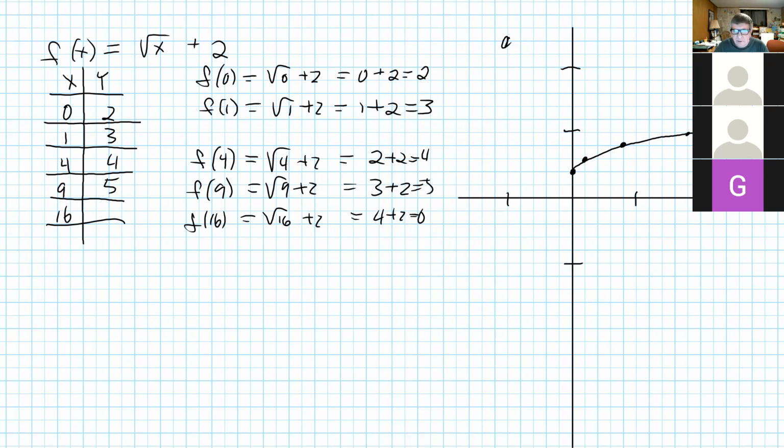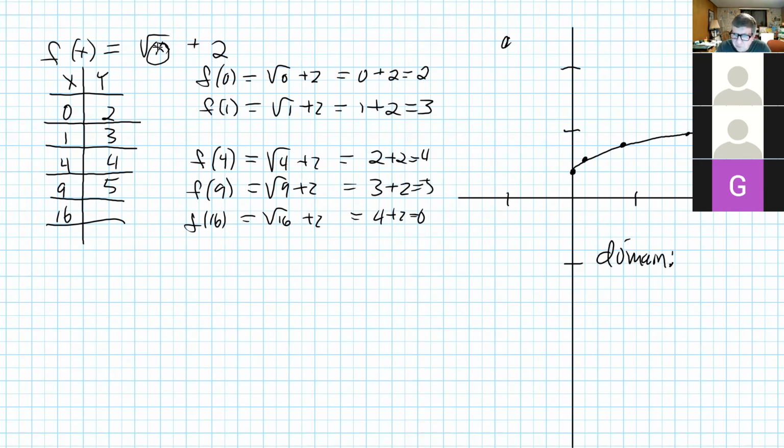Okay. Now, what's the domain of this function? Would it be all real numbers? Can I put a negative number in there?